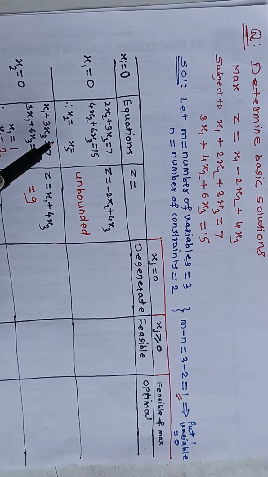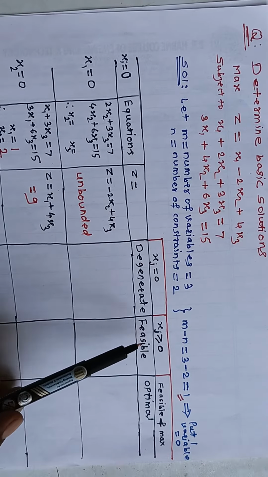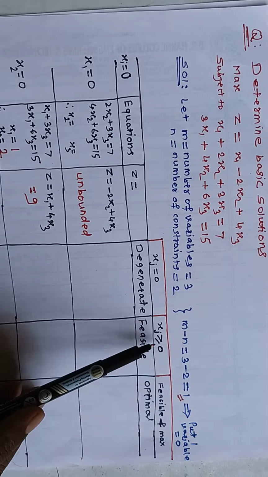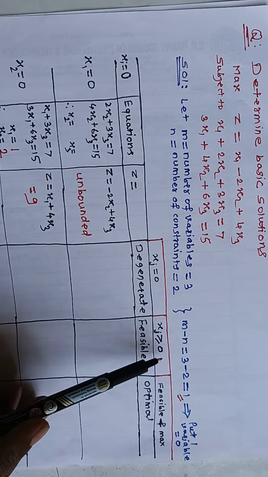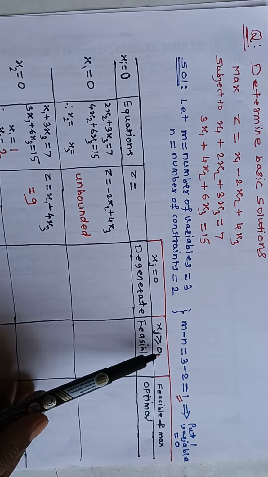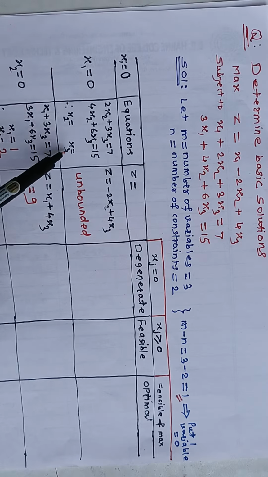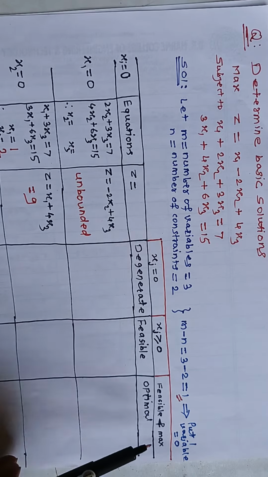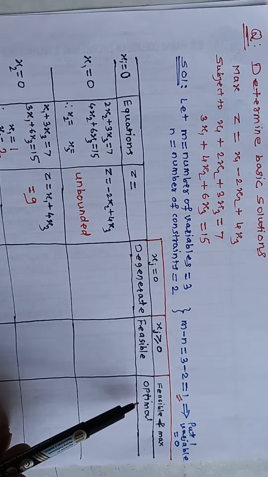Okay. If any one of these 2 variables is less than 0, suppose negative, means it is not equal to 0 or greater than 0, then in that case it is not feasible. If xj is greater than or equal to 0, xj means these 2 values greater than or equal to 0, then that will be feasible. Then optimal solution is what?